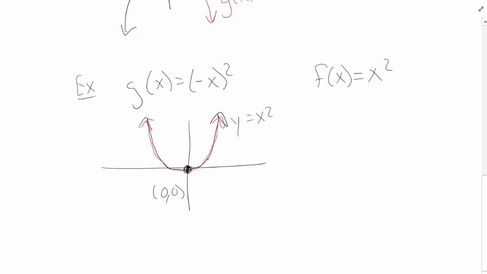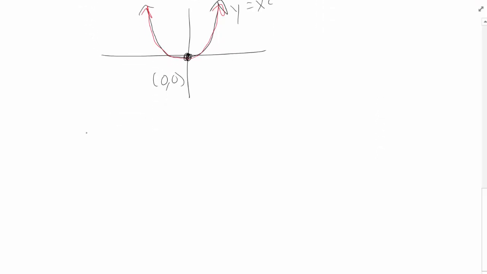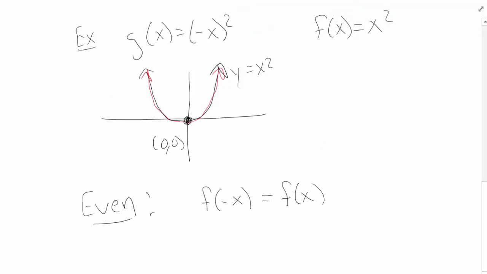This is interesting to us as mathematicians, so it gets a name. So we say a function is even if your f of negative x gets you right back where you started, which was f of x. What that means visually is it's symmetric about the y-axis. What's on the left looks exactly the same as what's on the right.